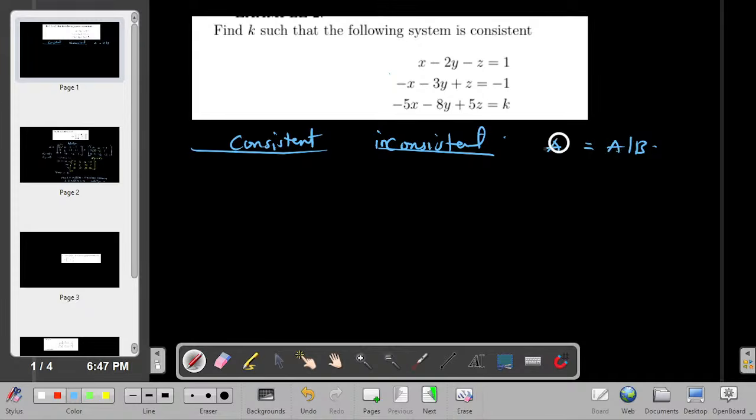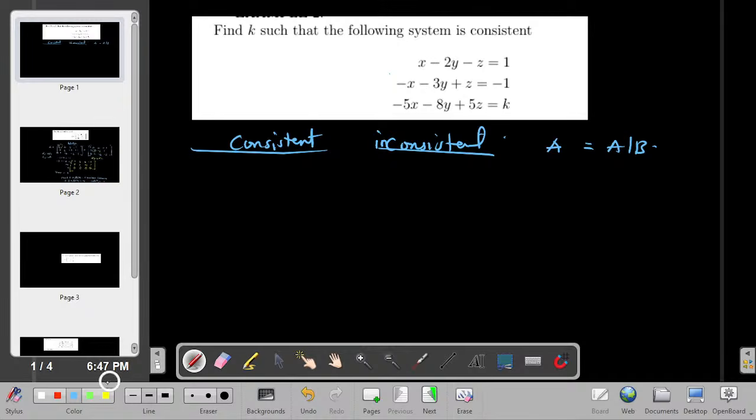If the rank of matrix A and its augmented matrix is the same, we say the system is consistent. But if the rank of matrix A and its augmented matrix is not the same, we say it is inconsistent. You should understand these basic terminologies in algebra before you sit for a paper.